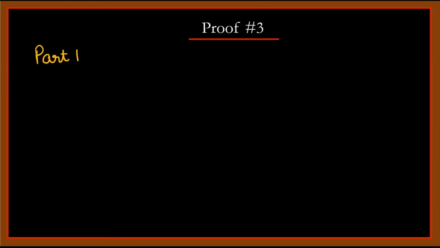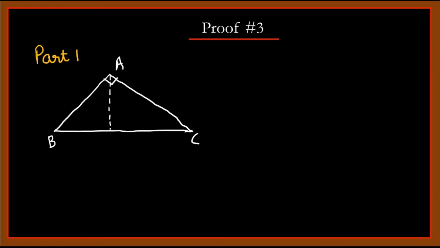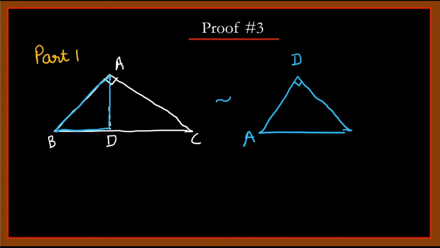We have divided the third proof into three parts. Let's draw a right triangle ABC and draw a line AD perpendicular to base BC. Now we have a smaller triangle DAB, which is similar to triangle ABC. The side AB is proportional to side BC.